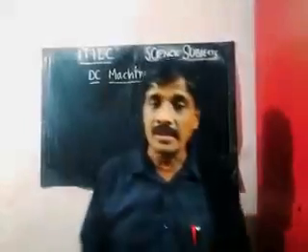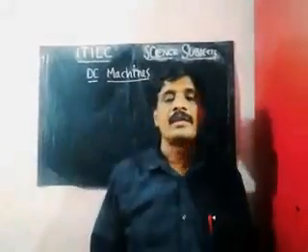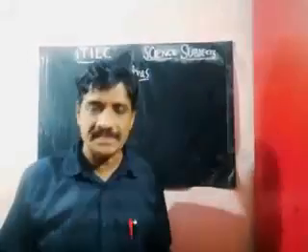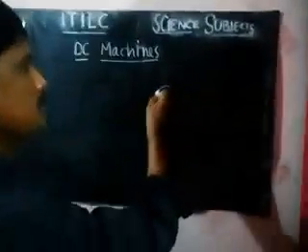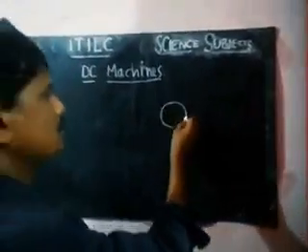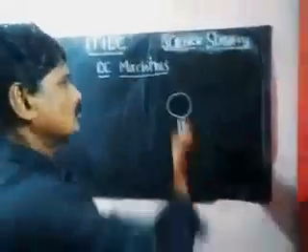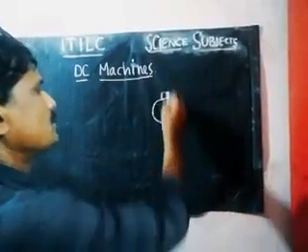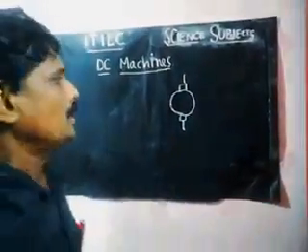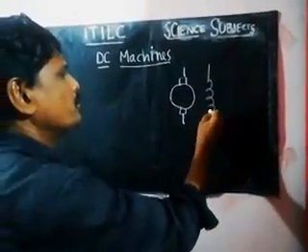Symbolically, we can represent the armature, the graphite brush, the field coil and the connection diagram like this. First of all, the armature conductor. This one is the armature, that means the rotor. And this one is the graphite brush. Another one is the field coil, which is mainly used to produce the magnetic field.